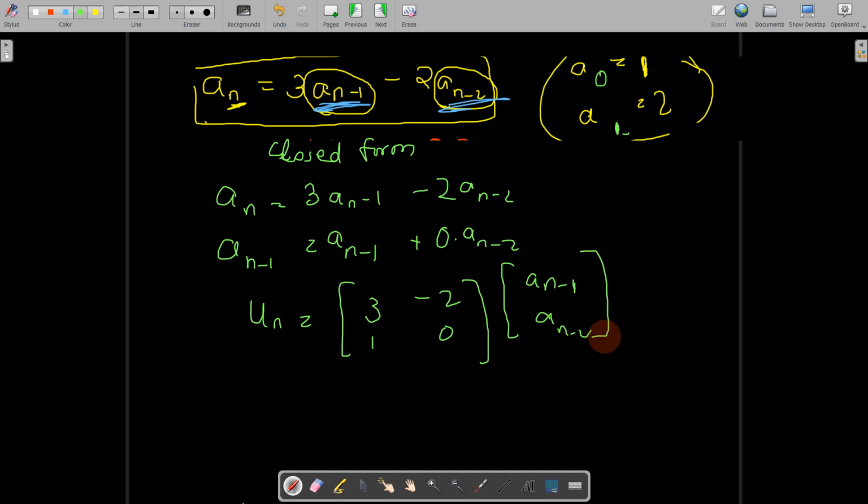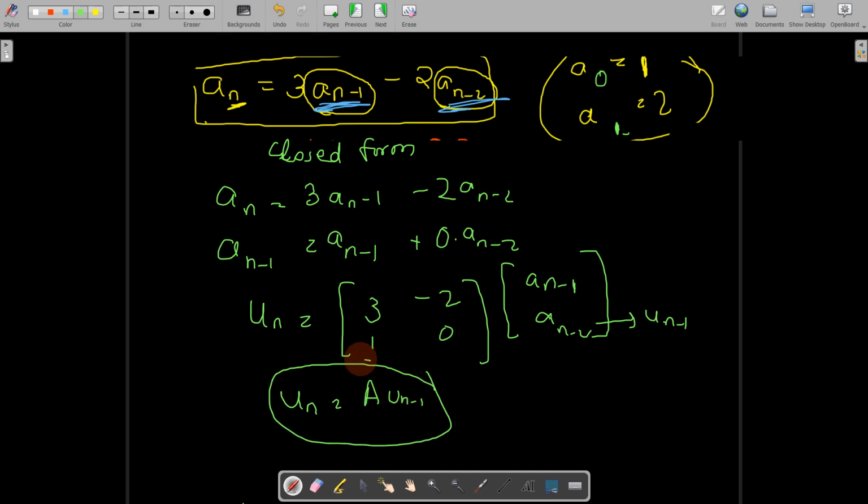So this is our U(n-1), and Un is equal to A times U(n-1). Now we will find the eigenvalues from the characteristic equation of this matrix A.